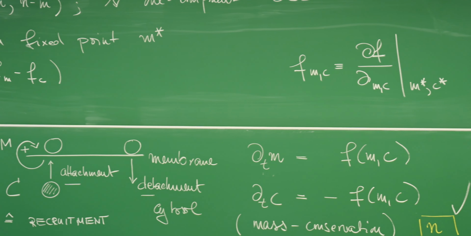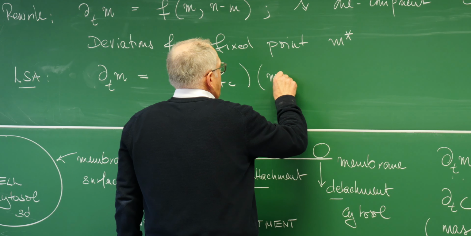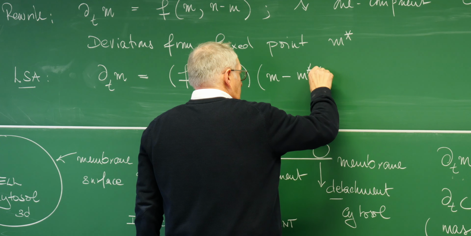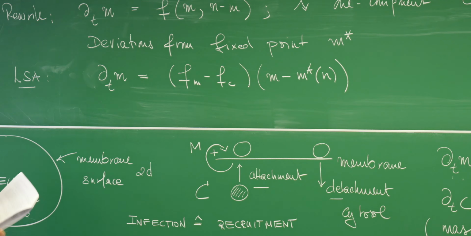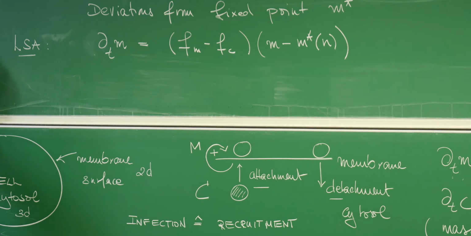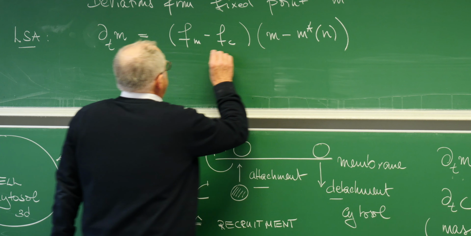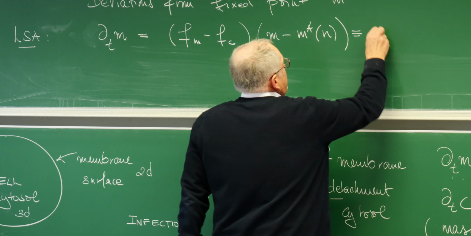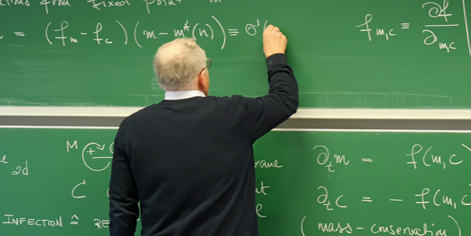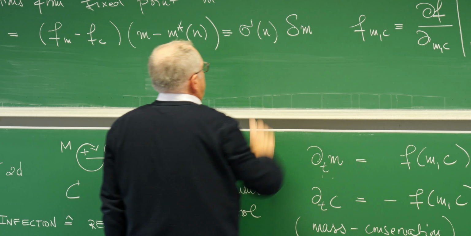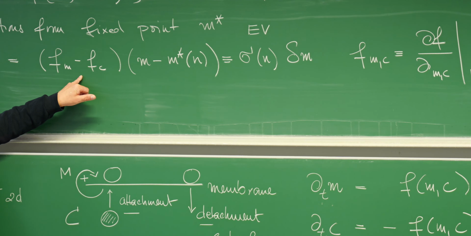So you get this from the Taylor expansion, and then here you just get the delta m, which is m minus m star. Let me explicitly indicate that the value of that fixed point is parameterized in terms of the total number of individuals that you have in the system. So this is delta m, and that means this is like an eigenvalue of the system, sigma, that depends on n, times your delta m. That's our eigenvalue, and that eigenvalue is f_m minus f_c.